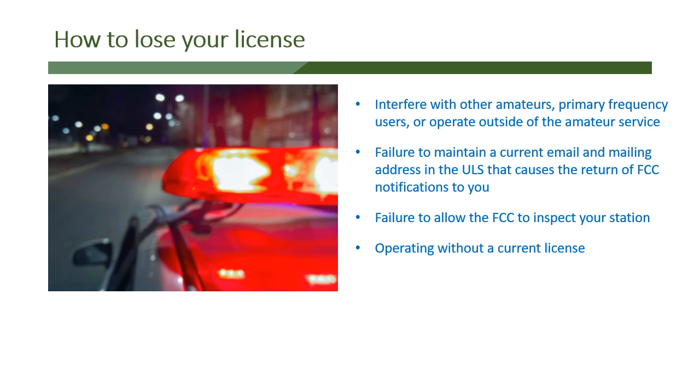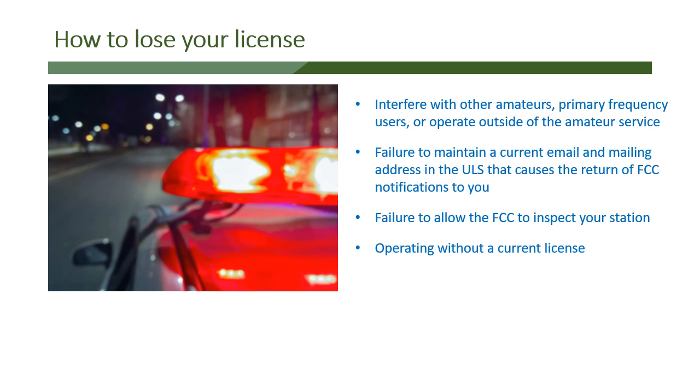So how do you lose your license? Because people do lose their licenses. First and foremost, and these are mostly doing it on a habitual level, interfering with other amateurs, interfering with people who have primary frequency allocation, and there are some like the 60 and 30 meter band. Amateur radio operators are secondary allocation.